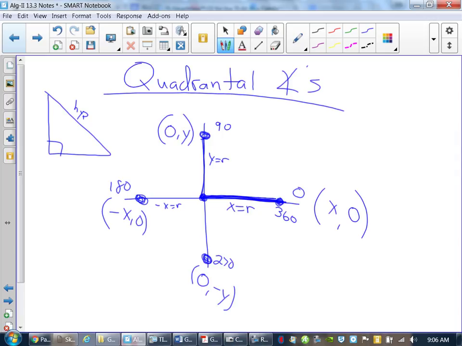So what's the sine of 90? 1. So no matter what, this value here is always going to be 1. So your ordered pairs become 0, 1. What do you think it's going to be down here at 270? 0, negative 1. No matter what, because y and r are the same at that point.